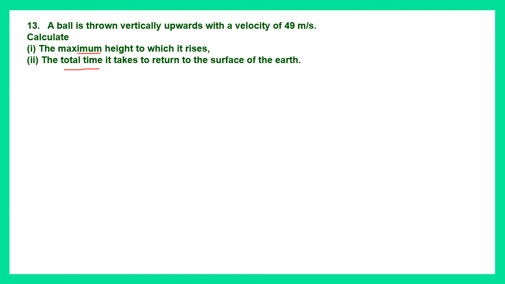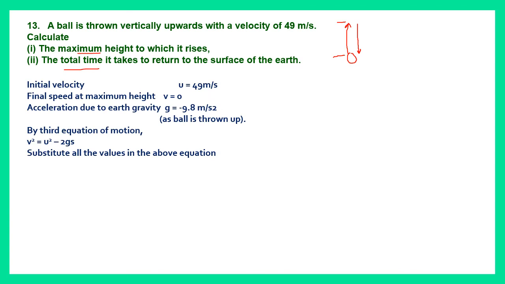See, the ball is thrown in upward direction. This is the ball and this is thrown in upward direction, and after that it will start falling down. So you have to find out the maximum height, and then the time it takes to return to the Earth.